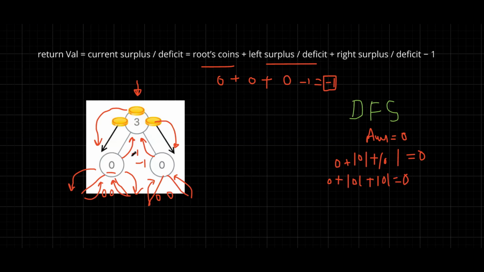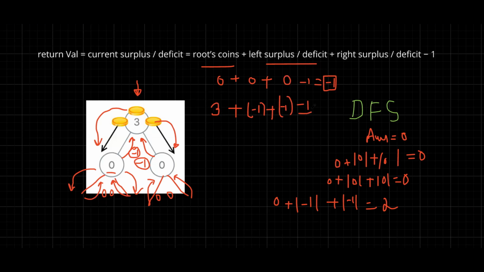Now root 3 is receiving minus 1 from the left subtree and minus 1 from the right subtree. So here the answer will be current answer 0 plus absolute value of minus 1 plus absolute value of minus 1, which will be 2. And 3 will return the root's coin, which is 3, plus its left surplus, that means minus 1, plus its right surplus, which is minus 1, then minus 1.